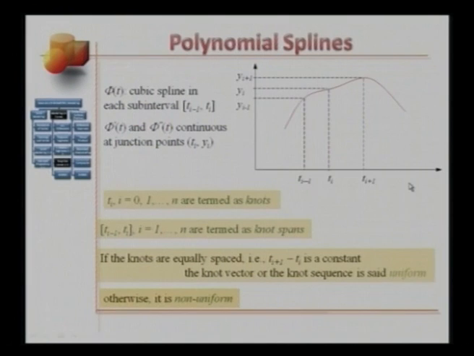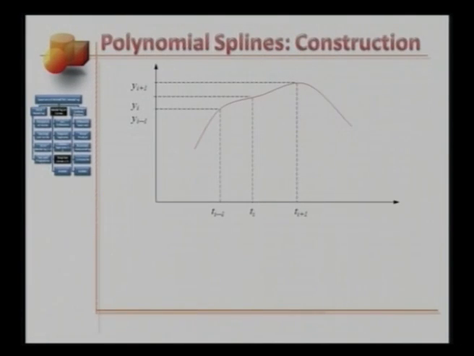Let's enlarge this figure now. We have the knots now, and we have the values of this composite spline at each knot. Let phi sub i be a spline in the ith span.